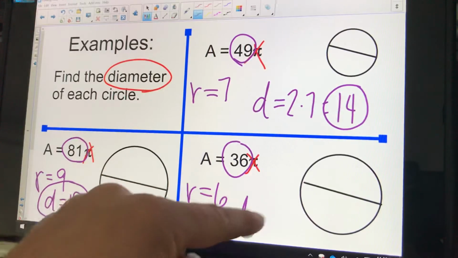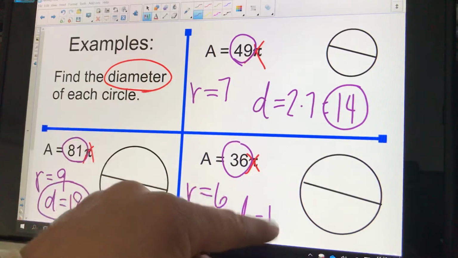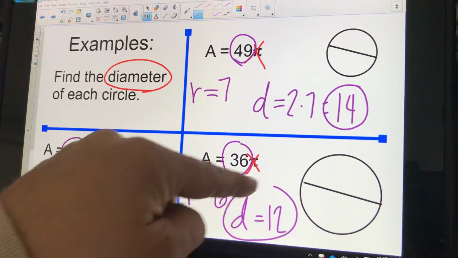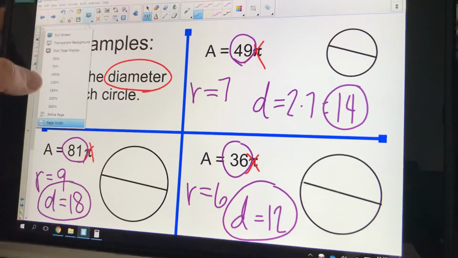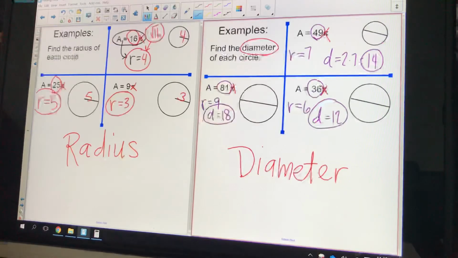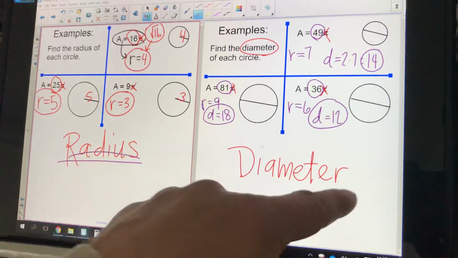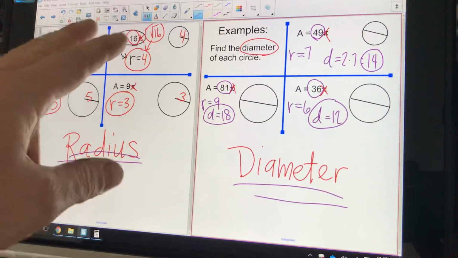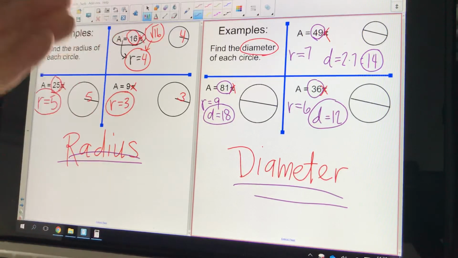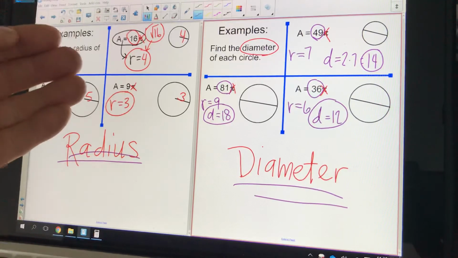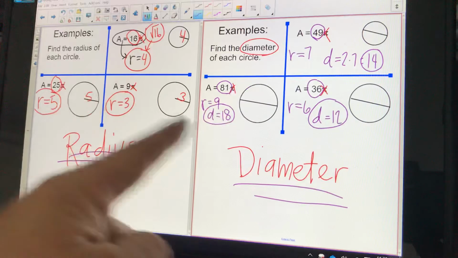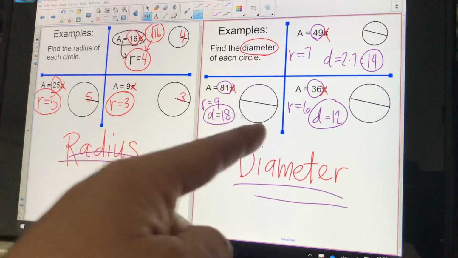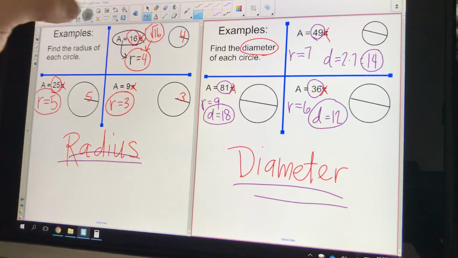Diameter is, yep, 12. Okay, see how we did those, right? On one page, we were finding the radius, and another page, we were finding diameter. Here, take the square root or take what number is getting multiplied by itself, and that is the answer. And then over here, we had to do that same process, but then I'm doubling it because I needed to know diameter, okay?